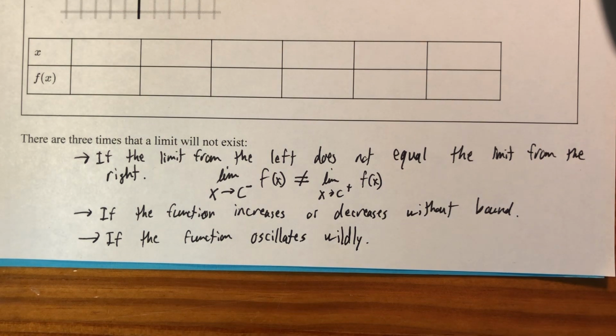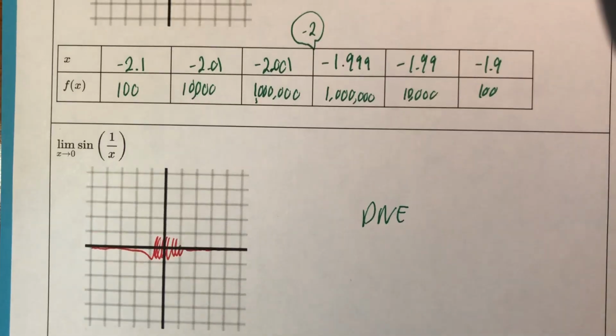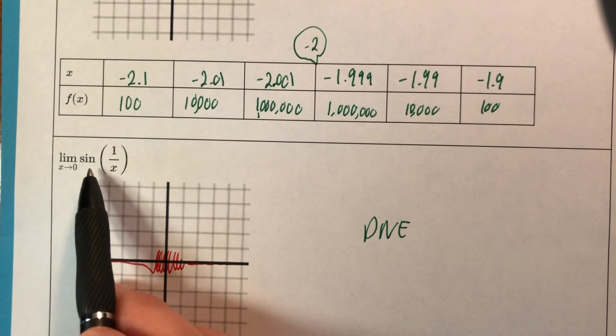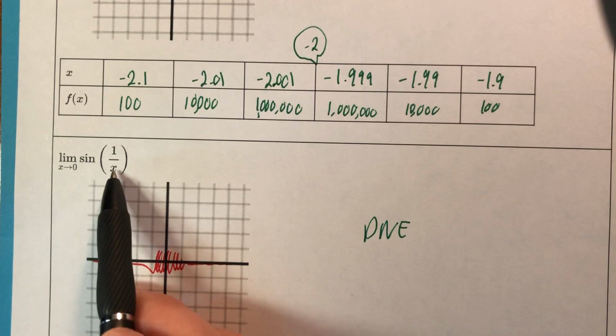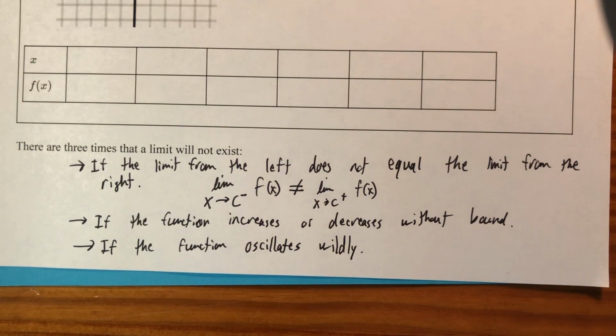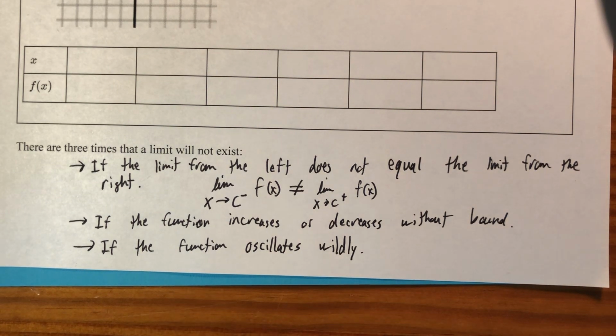And it would, to be more specific, it needs to oscillate wildly at the point where we're trying to figure out what happens. Because I could technically, I'll slide back down in a second, I could find the limit as x approaches 1 of sine of 1 over x, because I could plug in a 1. But if it oscillates wildly at the point where I'm trying to figure out the limit, then we have a problem. So just oscillating wildly is not bad, but oscillating wildly at that point.